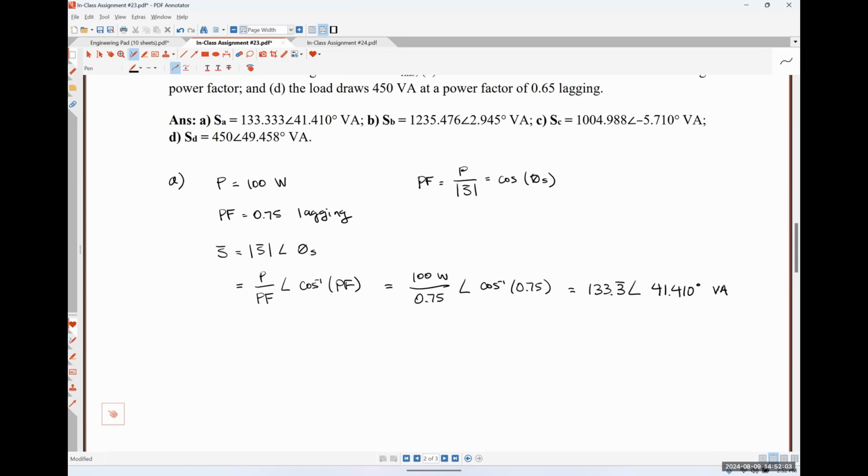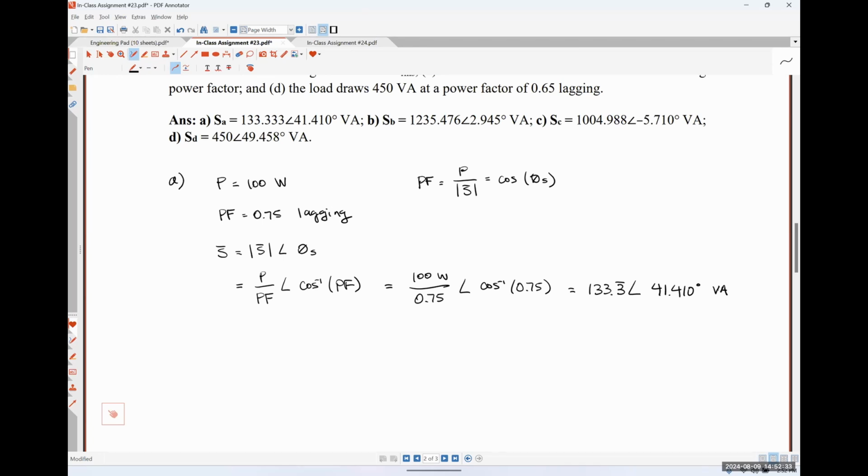So my question to you guys is, is the sign on that power factor angle correct? Let me provide you some context for that question. When your calculator performs the inverse cosine or the arc cosine operation, it will always return a positive angle.